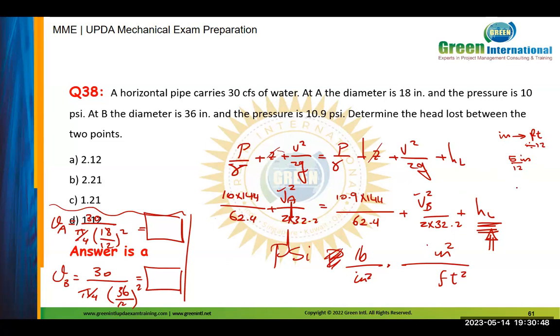Which means feet to inch: here 1 feet, 12 inch. So we divided 5 by 12. So here this is opposite, inch square by feet square. So 1 feet square is equal 144 inches square.